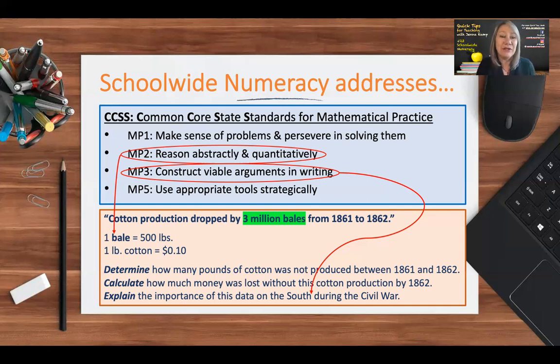I can ask them to explain the importance of this data on the South during the Civil War. And this is where school-wide numeracy really helps scholars understand the meaning of text and why these numbers express different ideas, and can really help us better enrich our understanding no matter what class we're taking.